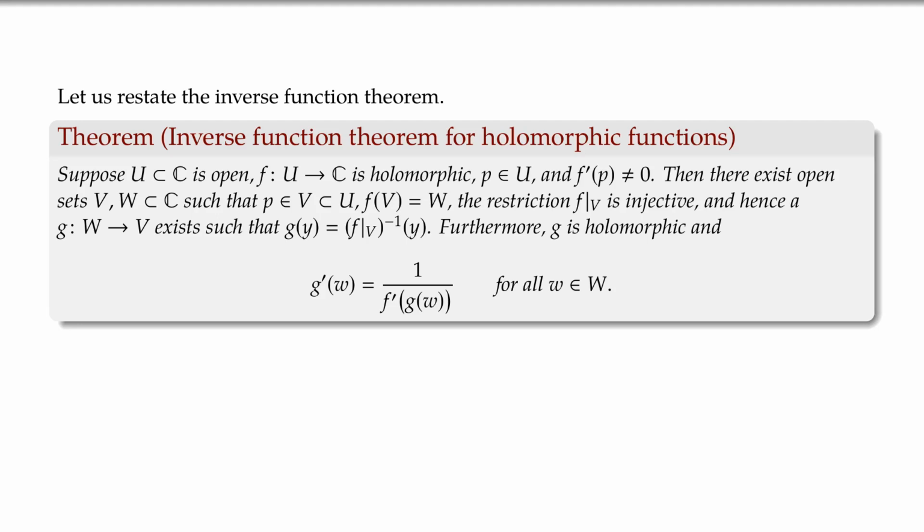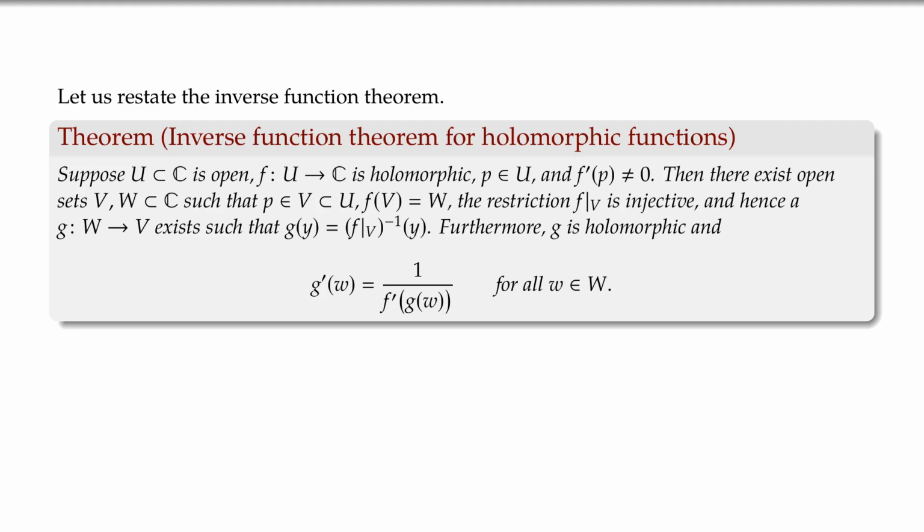So what the inverse function theorem says, in a nutshell, is that if you have a holomorphic function and the derivative at some point is non-zero, then locally we can invert that function. Maybe not globally, but locally we can invert that function near that point, right?